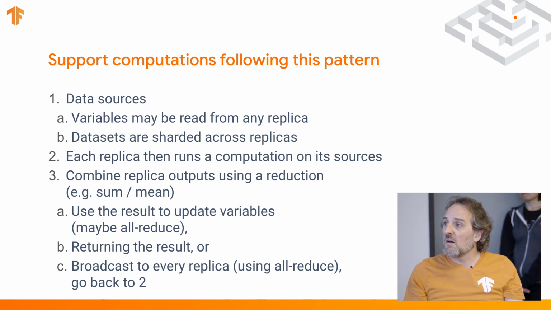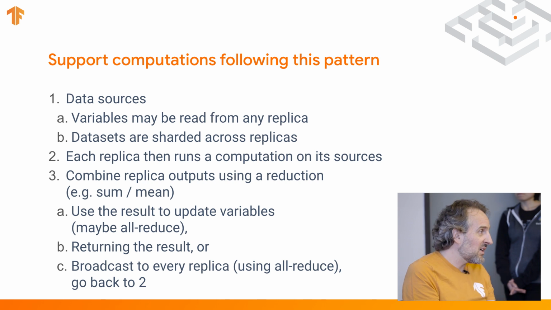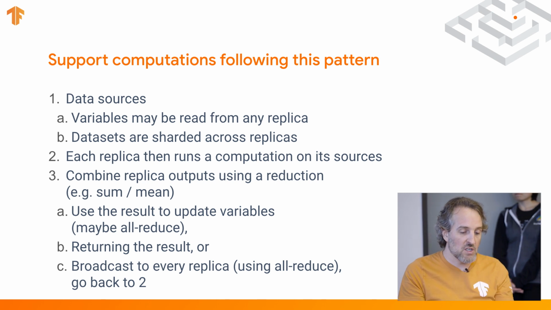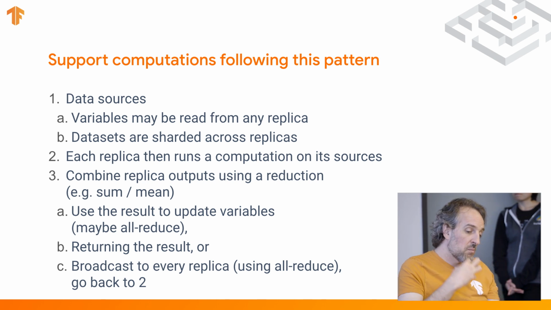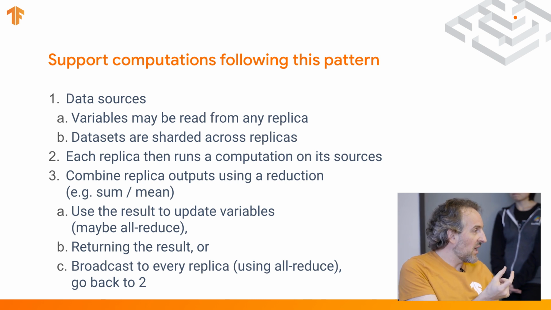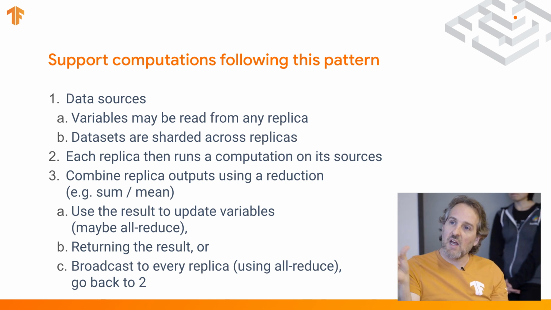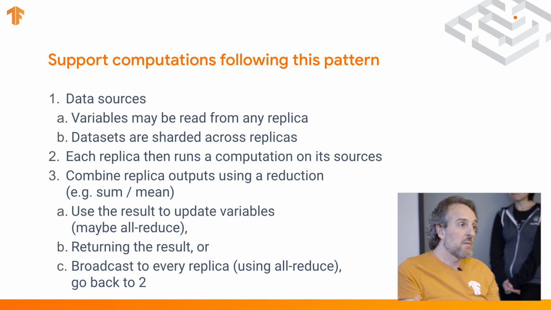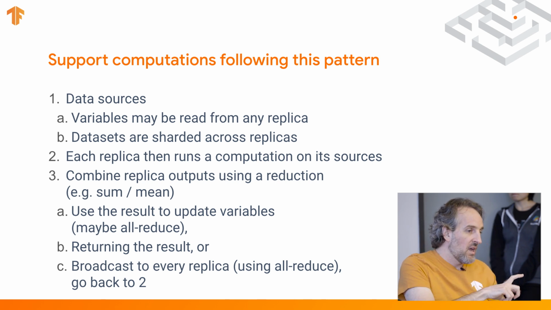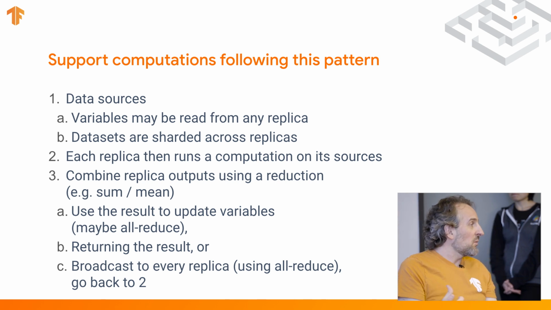Great. A new capability here when you're using distribution strategy is to broadcast the aggregate value from all the replicas back to all the replicas, and then do some more computation.